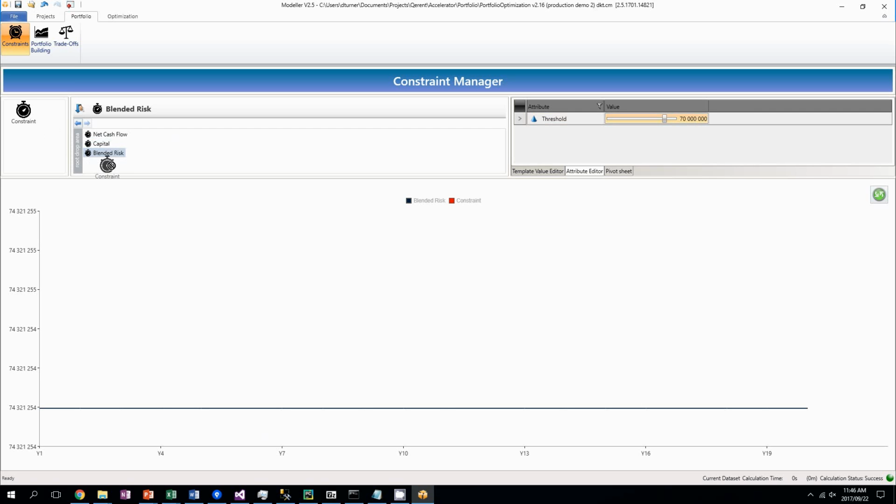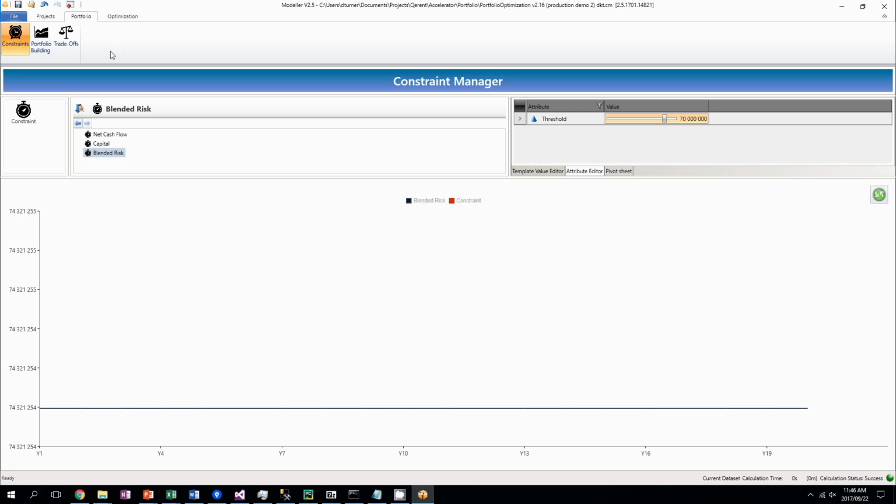And one can add new constraints by dragging on constraint objects into the list and configuring them to look at other measures such as IRR, for example, or the payback period, or even more esoteric examples such as the number of directors who would need to be involved in the project, assuming that that's a limited resource that has to be shared between the projects in the portfolio.